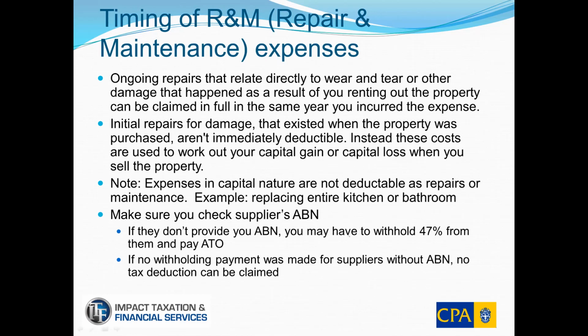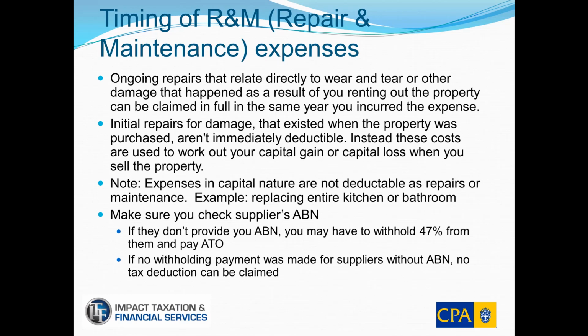Okay. And when you're paying a tradesman to come in to do the repair and maintenance, make sure you request a copy of the invoice, or at least check the supplier's ABN. If they don't provide an ABN to you, you can't claim a deduction. Basically, the tax office requirement is you need to deduct 47% of the invoice price and pay it to the tax office as a withholding for them.